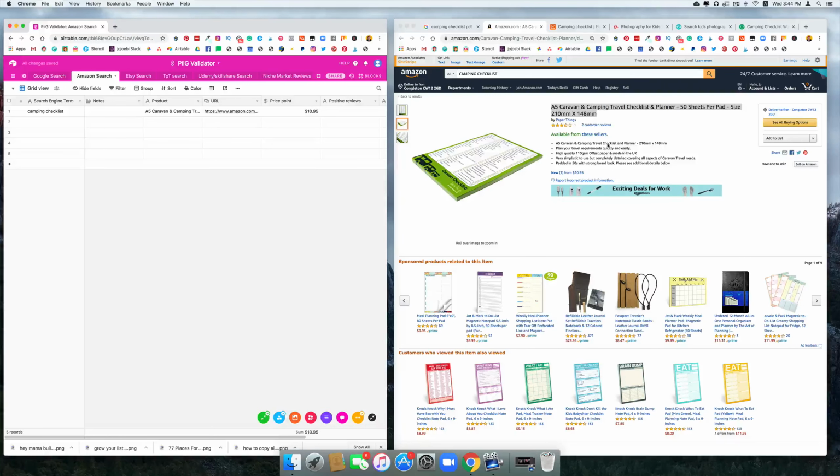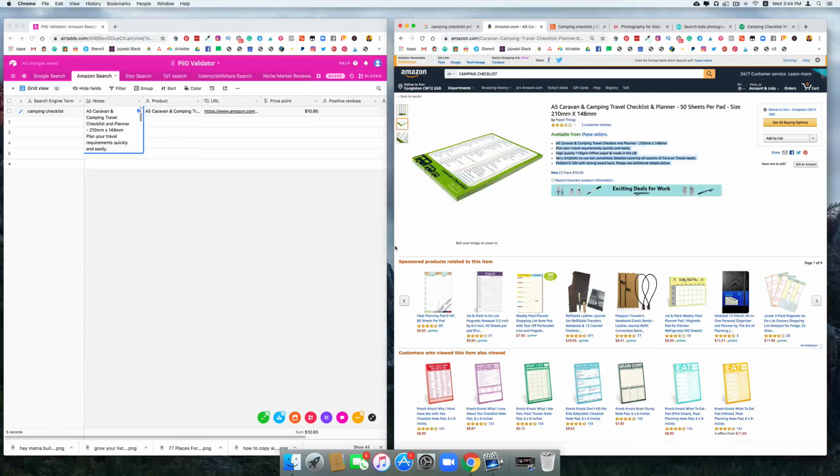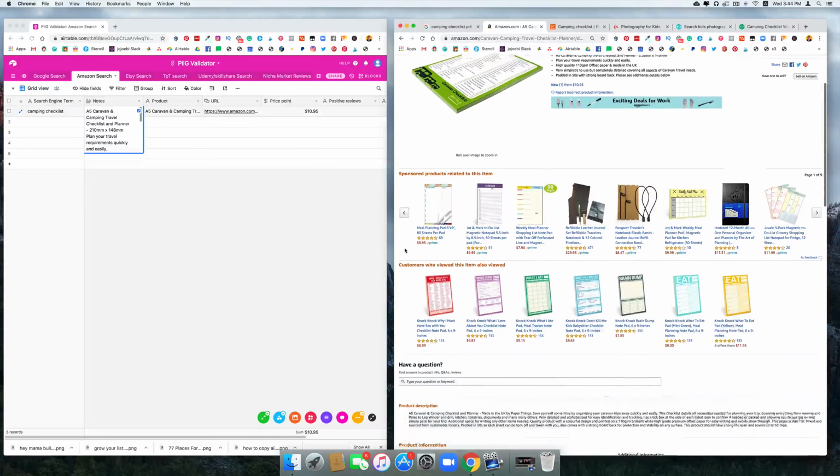So let's see. We do high quality. Okay, so I'll just take a copy of those for notes. Of course, I'm copying this stuff, but it'll only ever be used for personal reasons.